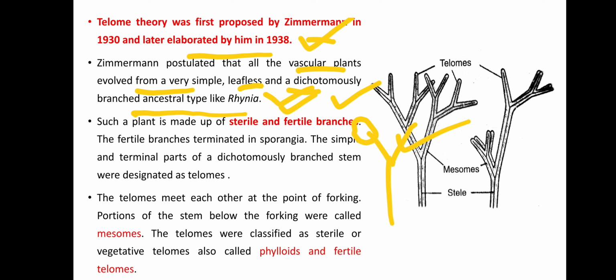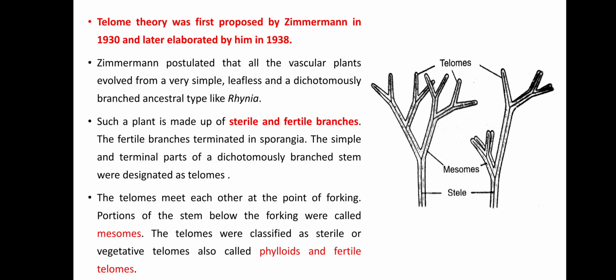The simple and terminal parts of the dichotomously branched stem were designated as telomes. So these are telomes. The telomes meet each other at the point of forking.